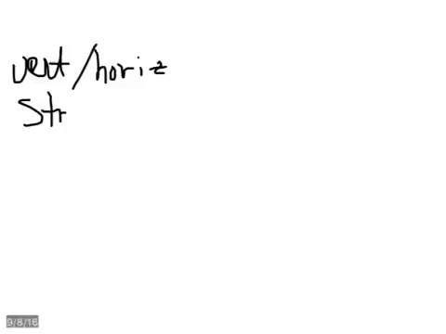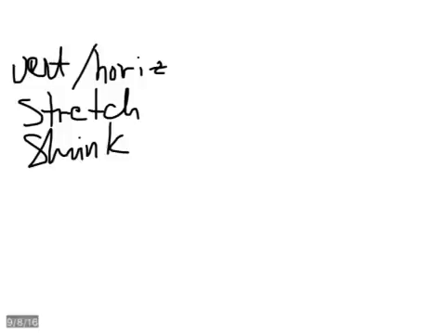Then, the next part. Vertical or horizontal, stretch or shrink. Okay? When it's multiplied on the inside, the letter that we're going to use for this is not going to be H and K. Now I'm going to throw an A in there, just so that you guys know.